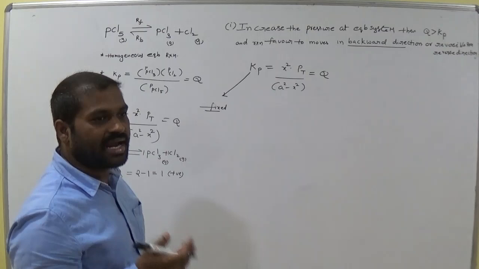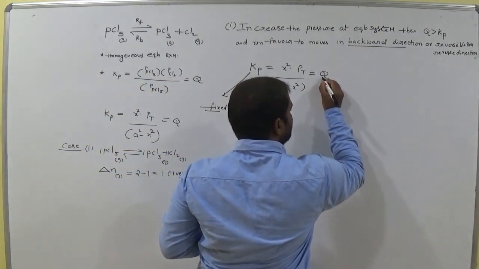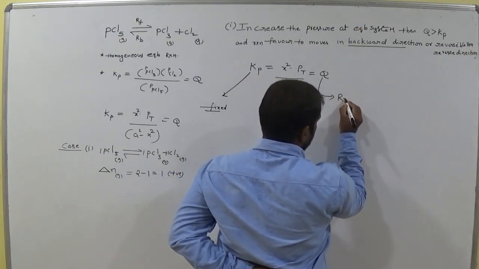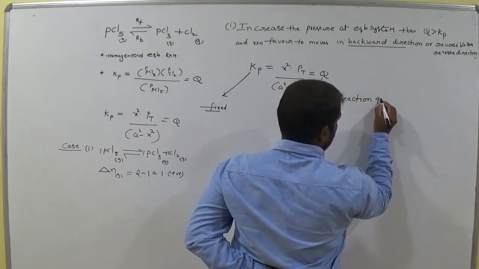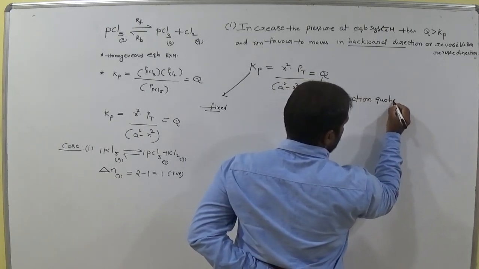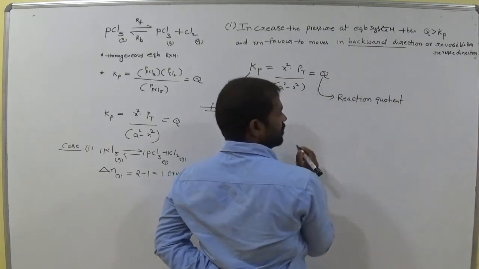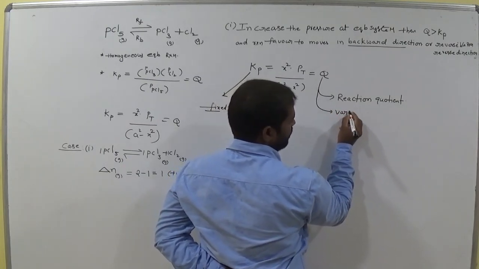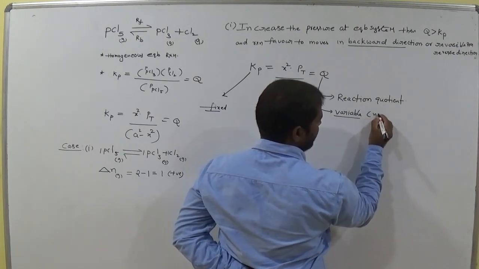But the changes happen in Q. Q is the reaction quotient, and it is always variable, that means not fixed.